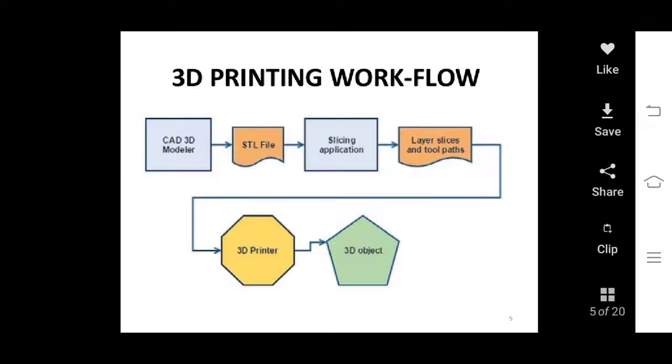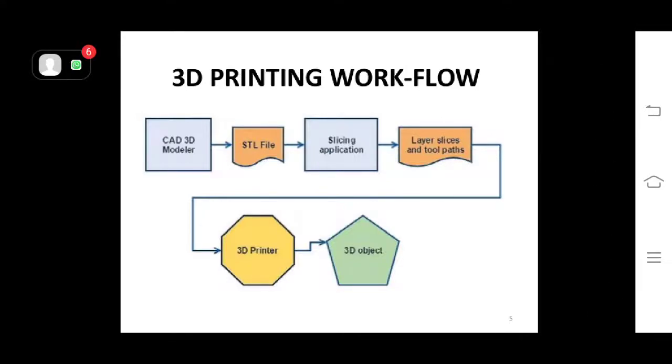After that, the layer spacers and tool paths are given to the printer, and after giving commands to the 3D printer, the 3D object is created by various movements of the nozzle of the machine.